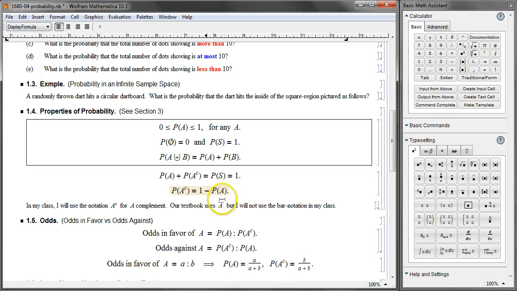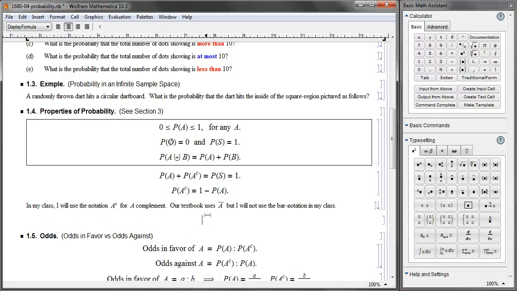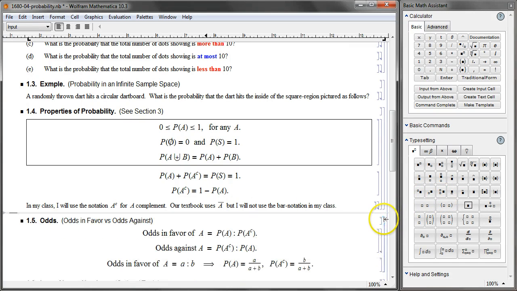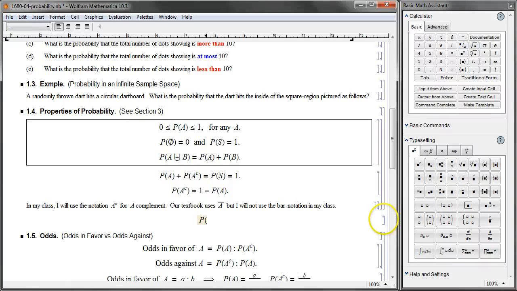For example, if you're going to calculate the probability of getting an ace when you roll a die, what's the probability of getting an ace?